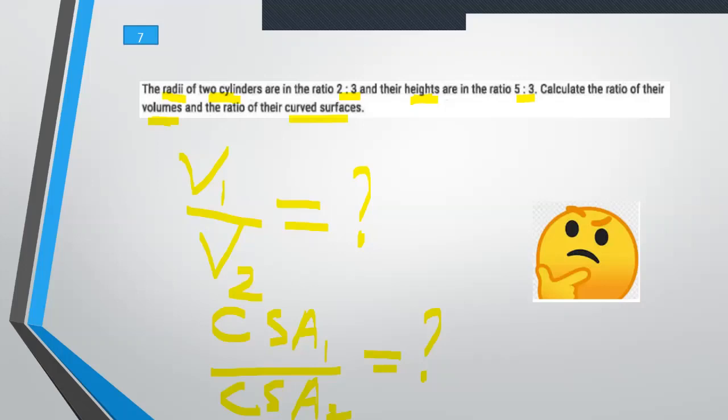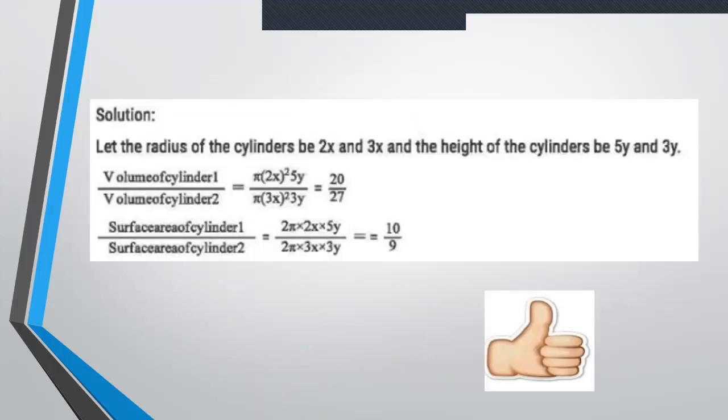Ma'am, the ratio of the volumes is 20:27. And then the surface area is 10:9. There is no calculation at all. Please, there are many children in this class who can secure 20 on 20 completely.